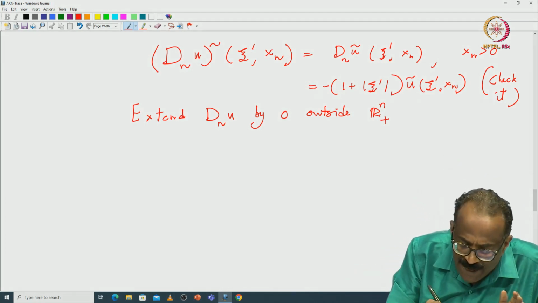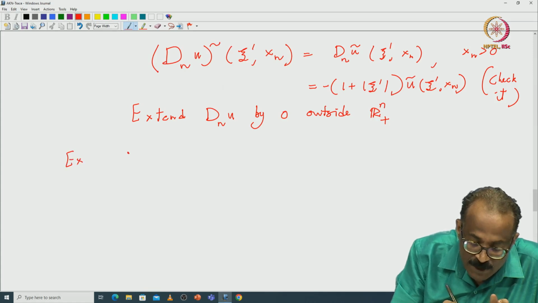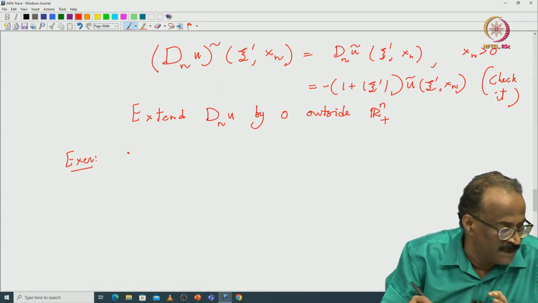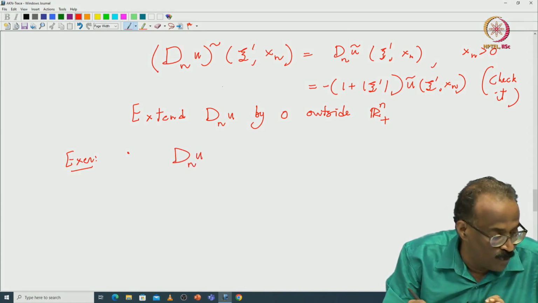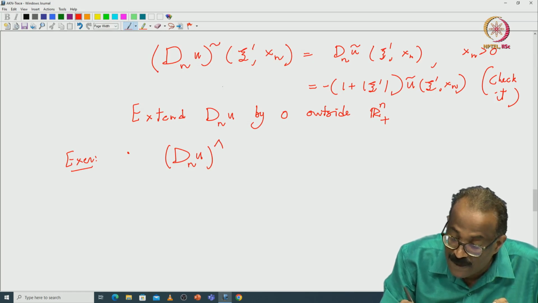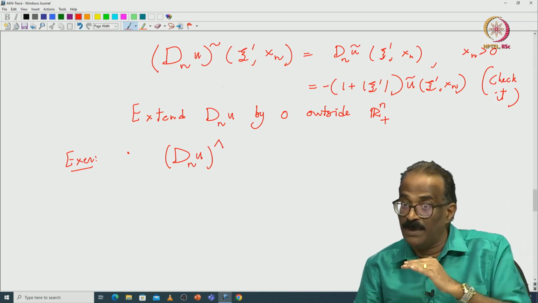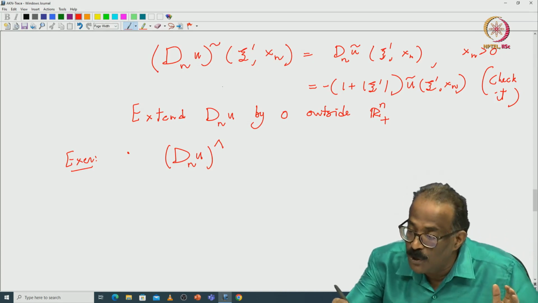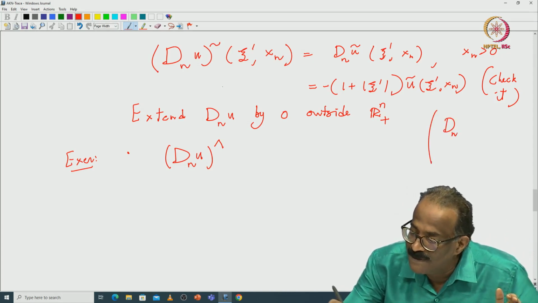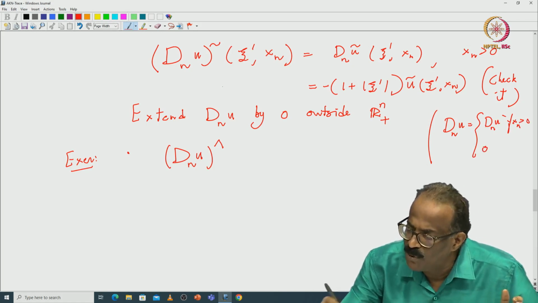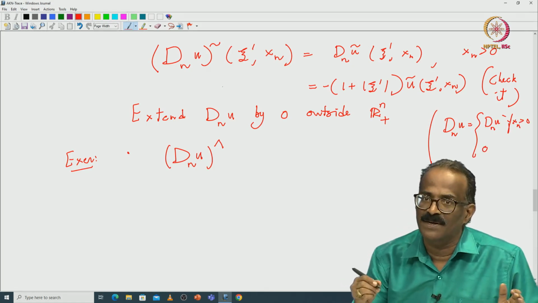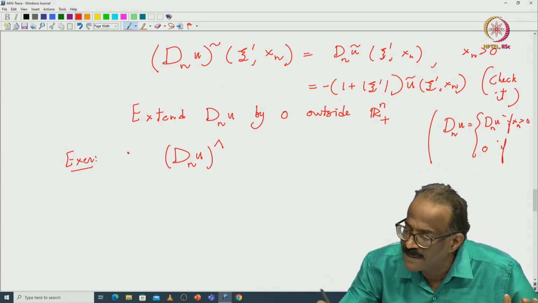And as I said, again solve some exercises, because I want to tell you a few more other things. This is about dn of u, its hat now. Keep in mind, dn of u extended by 0, I use it now. The new dn of u is dn of u if xn positive, and then I do not want to use a notation of tilde, dn of u tilde, that is what I am saying, if xn less than 0.